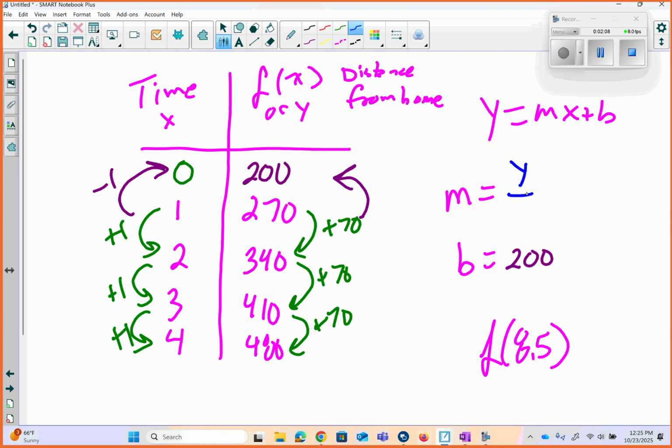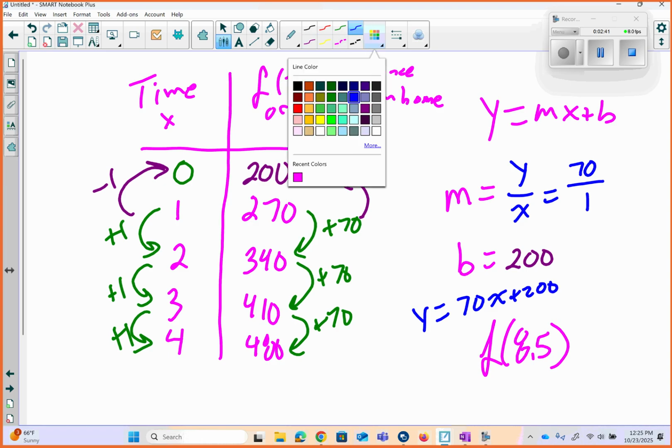So what's my y value in green? 70. What's my x value in green? So I have a slope of 70 over 1. So my equation is basically y equals 70 over 1, or just 70, x plus 200.